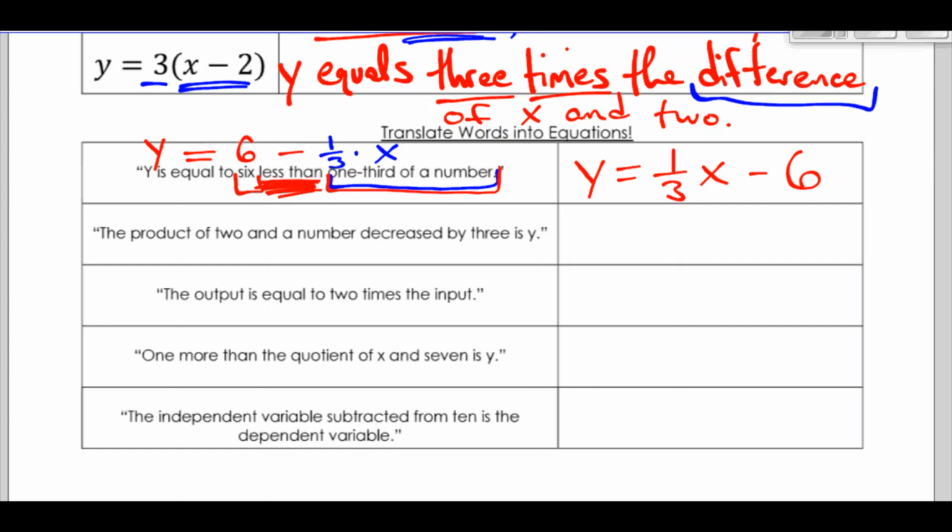Next one says the product, the multiplication problem between 2 and a number, is decreased by 3, and that is y. You can write it in that order, or I'm going to actually flip it around. I'm going to put the y in front. Generally, when we see functions, we're going to see the y up front.